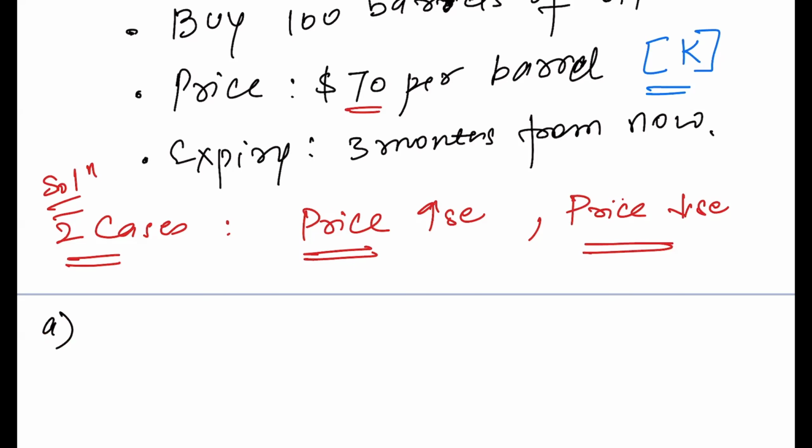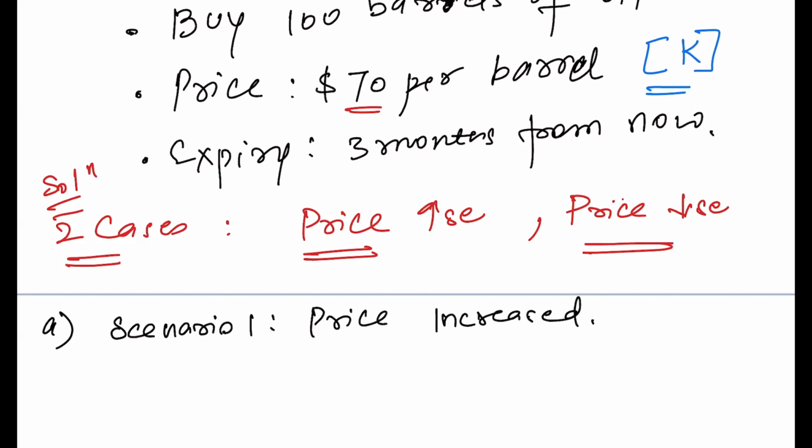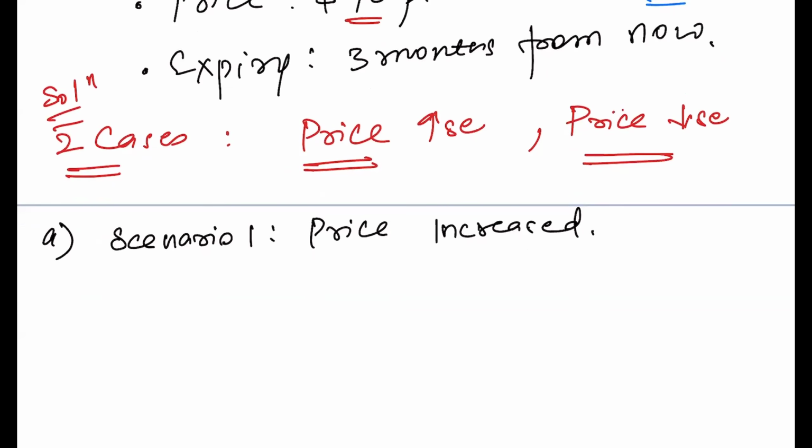Scenario one is that the price increased. Let's say the market price of oil is now $80 per barrel.